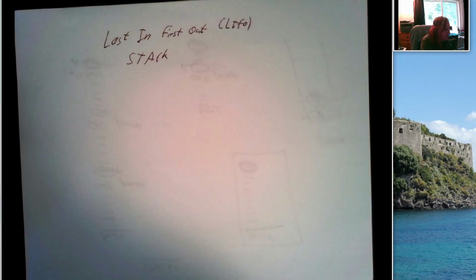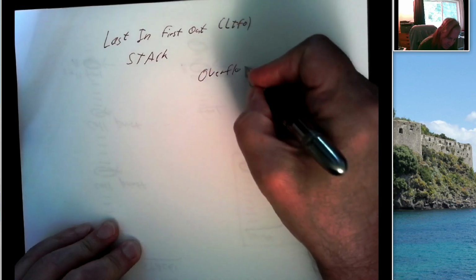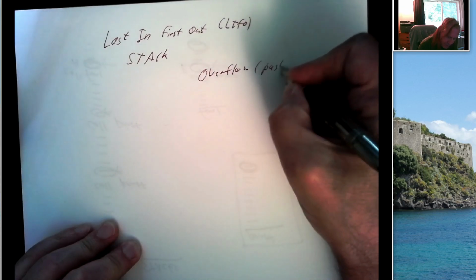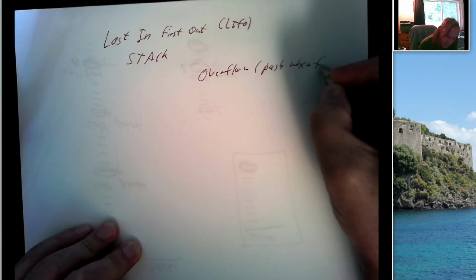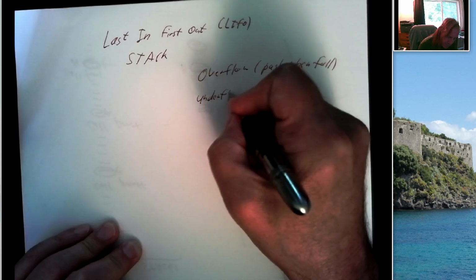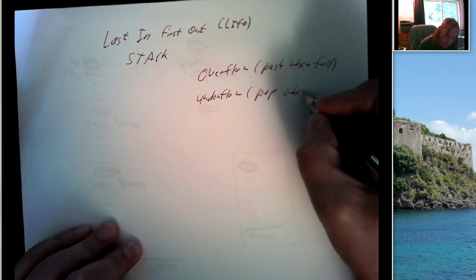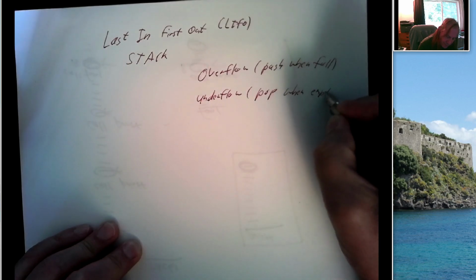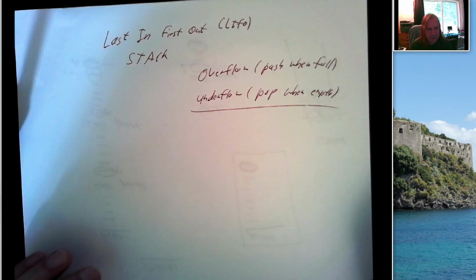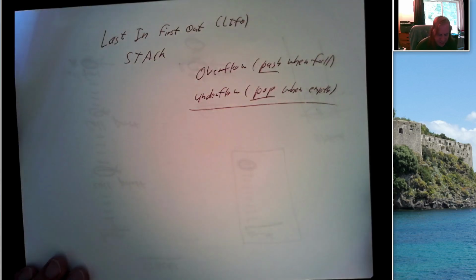And so these are two conditions that can pop up: an overflow, which is when you try to push when full, and an underflow, which is when you try to pop or remove from the stack when it's empty. So those are possible error conditions. So let's detail these words, push and pop.